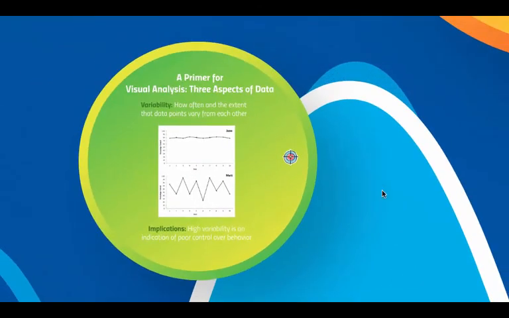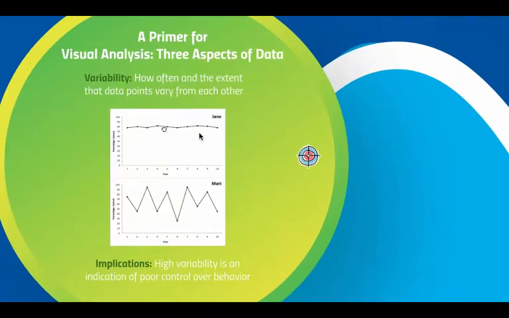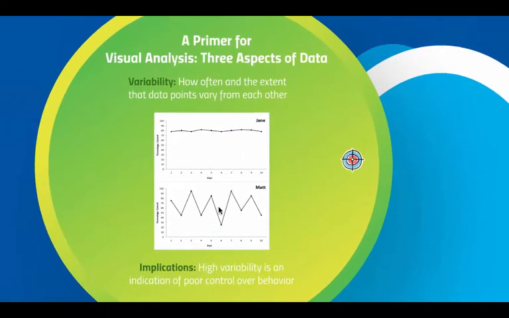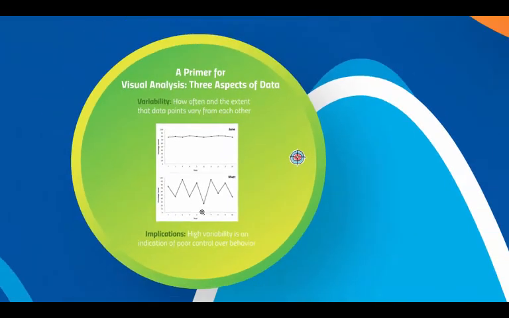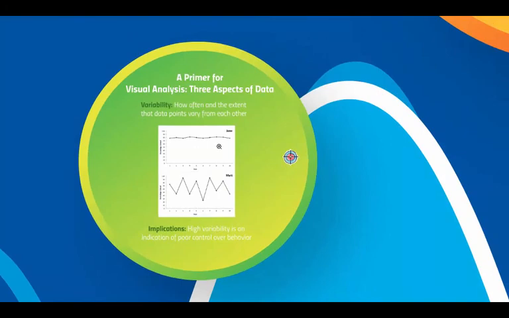But back to the main point, you're looking at different aspects of data. The first aspect is what's referred to as variability. The definition is how often and to what extent the data points vary from one another. So you're looking for either a great variability, as we see with Matt, or virtually no variability, as we're seeing with Jane.